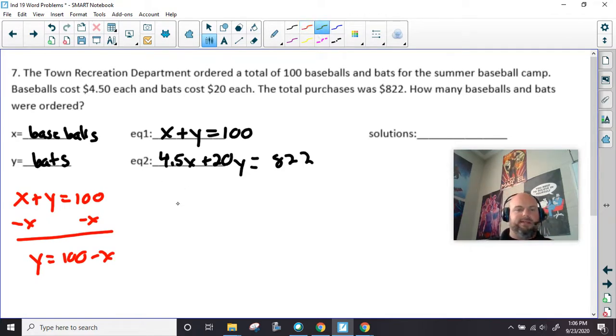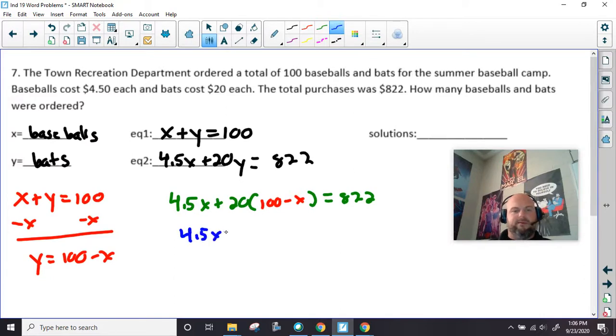So if we plug it into here, we're going to have 4.5x plus 20 times all that, equals 822. So 100 minus x. When we do the distributive property, 5x plus, let's see, 2,000.